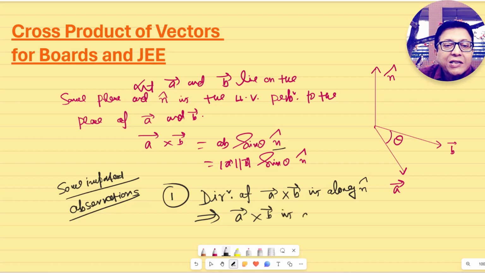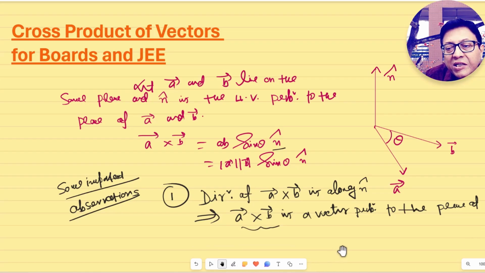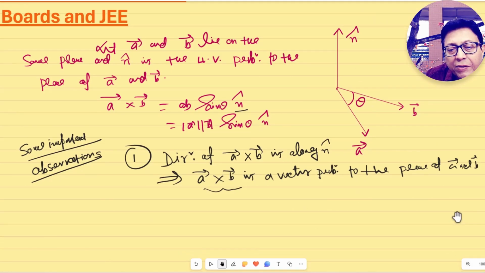Number one, first question: is A cross B a scalar quantity or a vector quantity? This A cross B is associated with the vector on the right hand side. So we talk about the direction first. Direction of A cross B is along n cap.